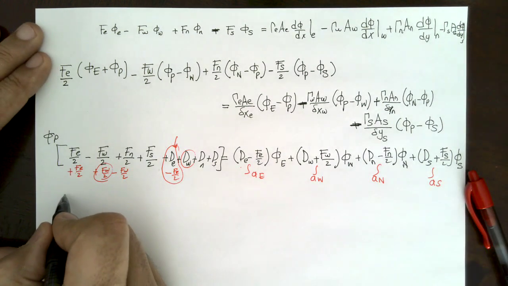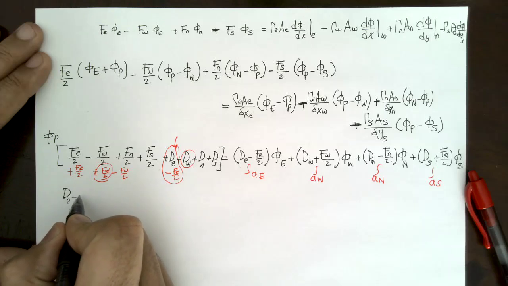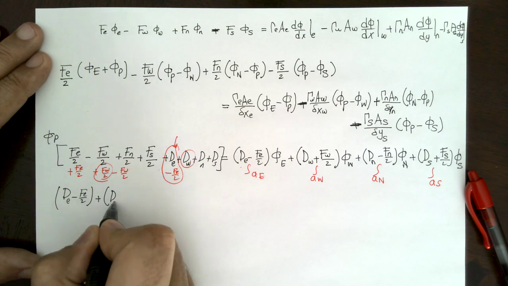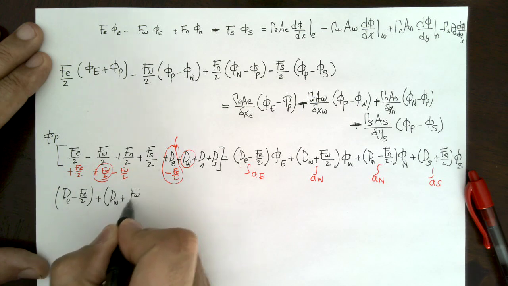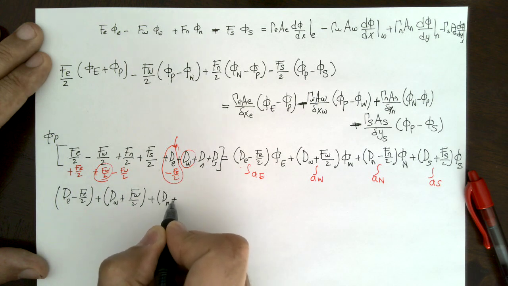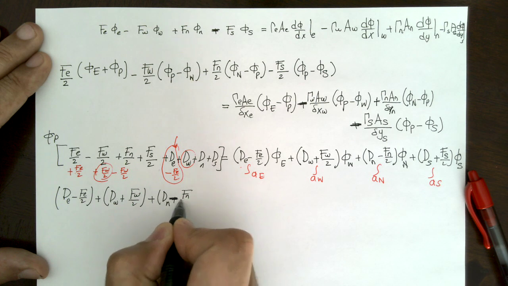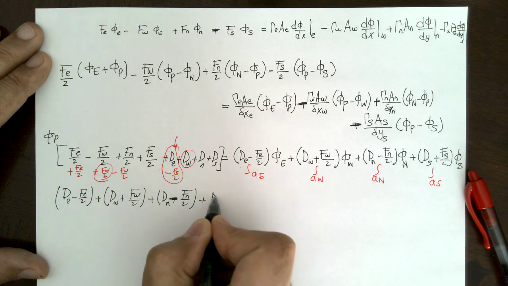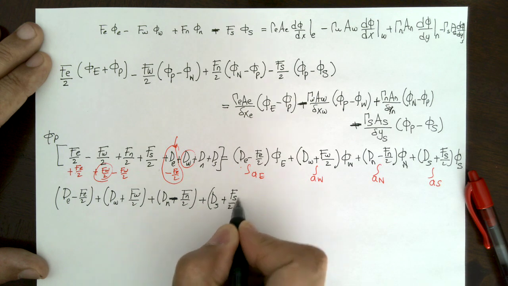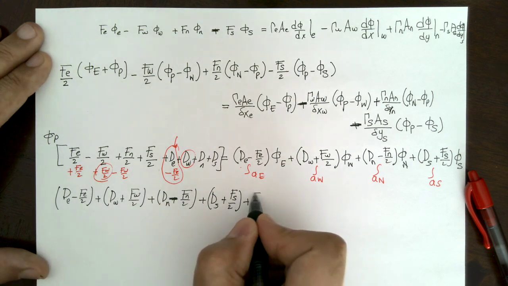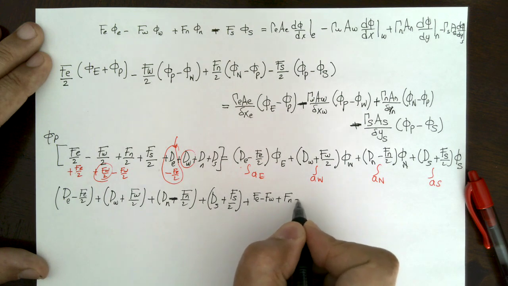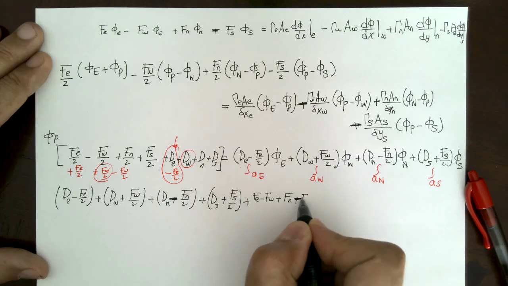You will end up having d east minus f east over 2 plus d west plus f west over 2 plus d north minus f north over 2 plus d south plus f south over 2 plus you will have fe minus f west plus f north minus f south.